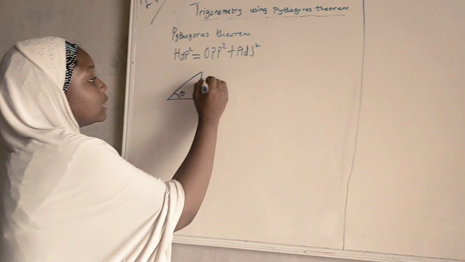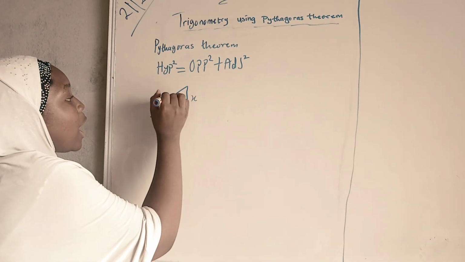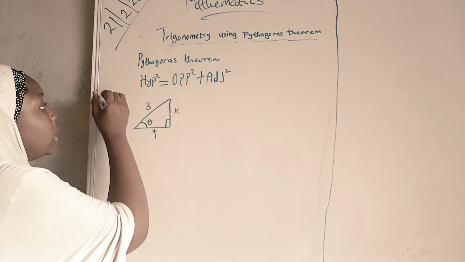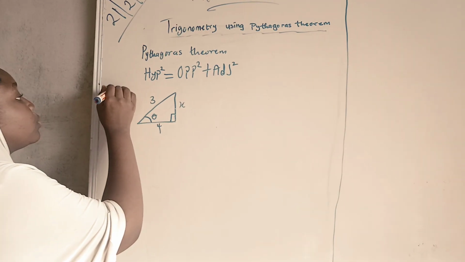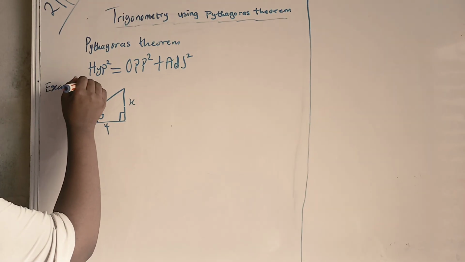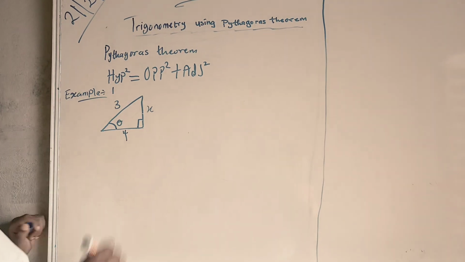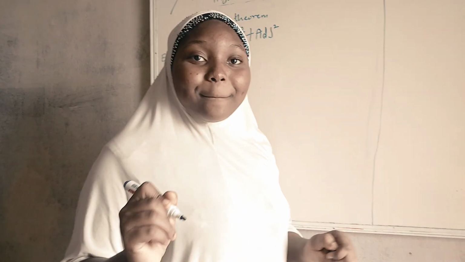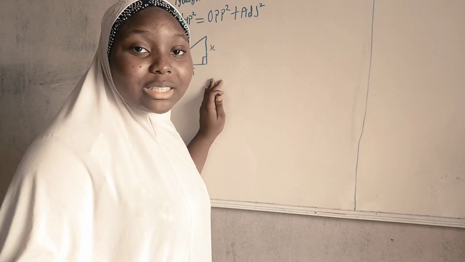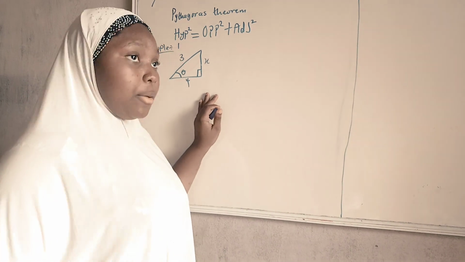So we have side x, we have side 3 and side 4. Let's take this as our example. I hope you guys are with your biro and papers there for you to be able to jot down anything you think is important.